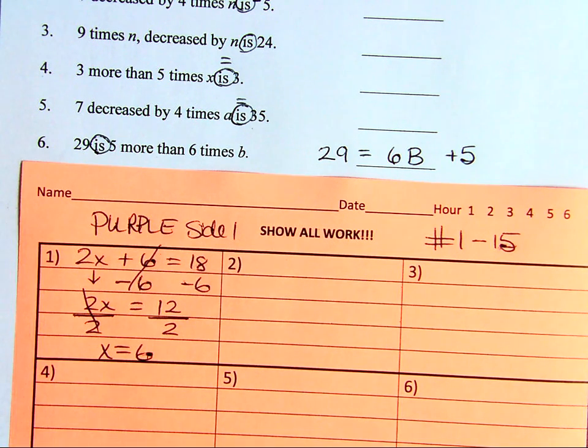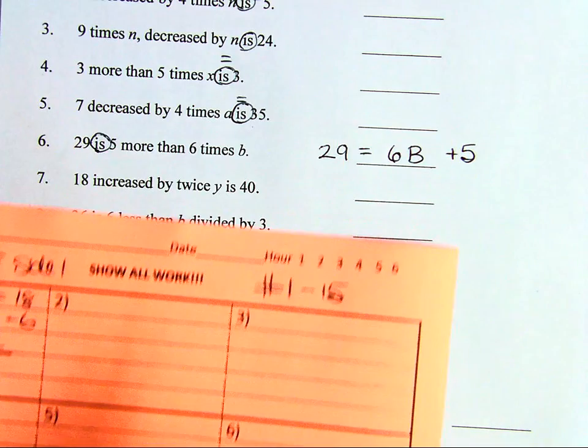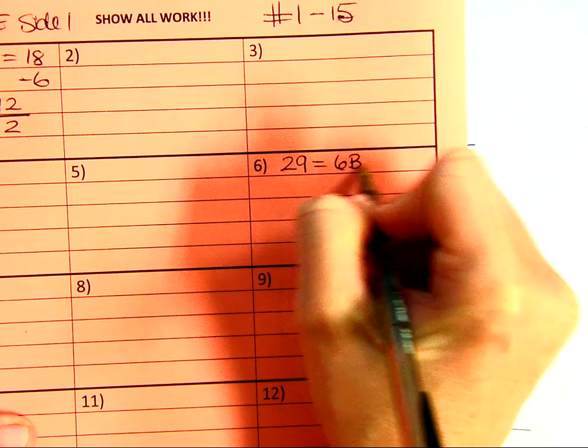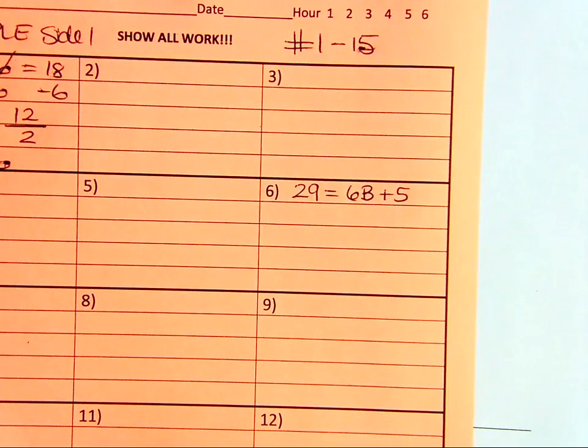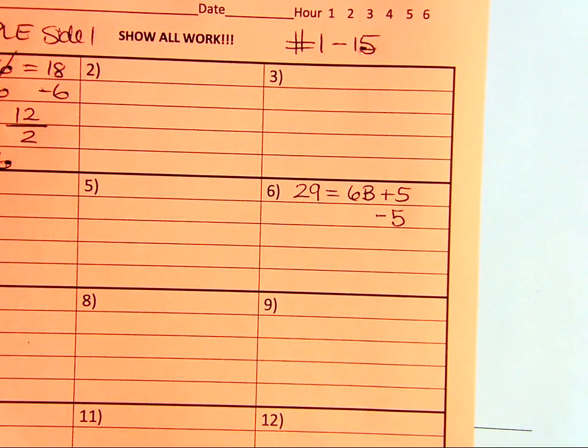And so now I go to number 6 on my sheet, and I put what I just did, 6b plus 5, and then walking you through it, you subtract 5. So stay with me, guys. You'll have all hour tomorrow, and tonight, and tomorrow night.